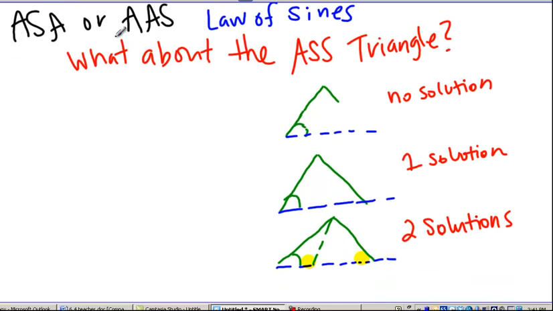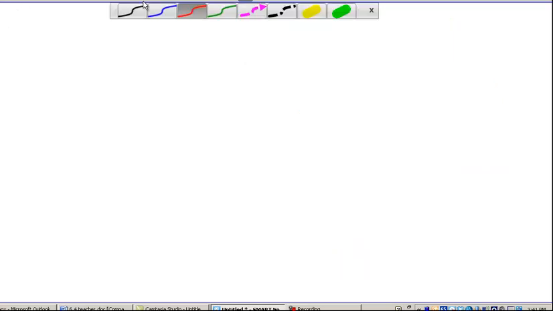First example. Let's say we've got our triangle. A is 55. Let's say we have a side length of 25.